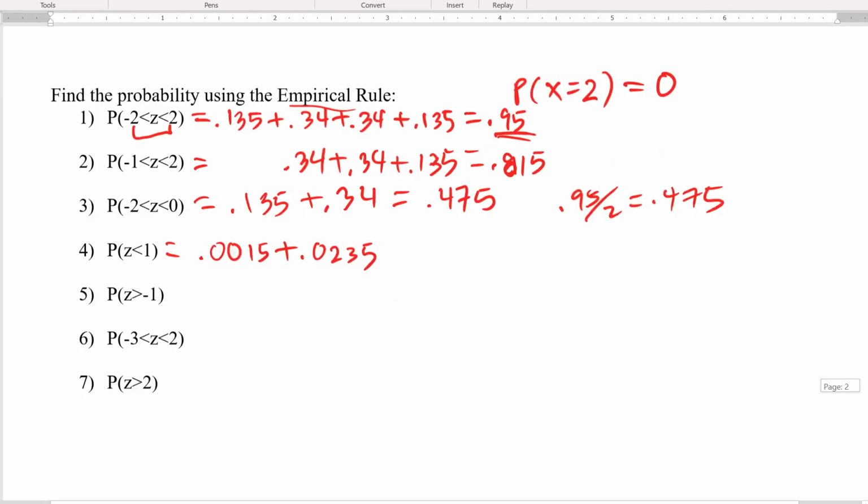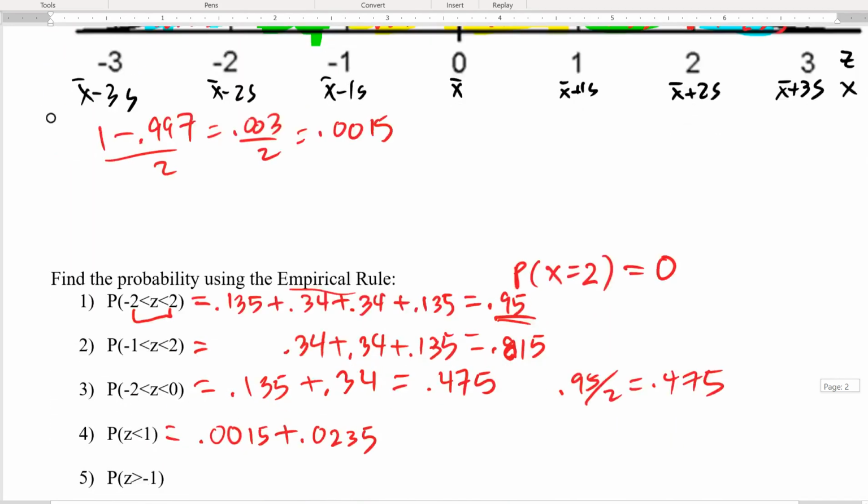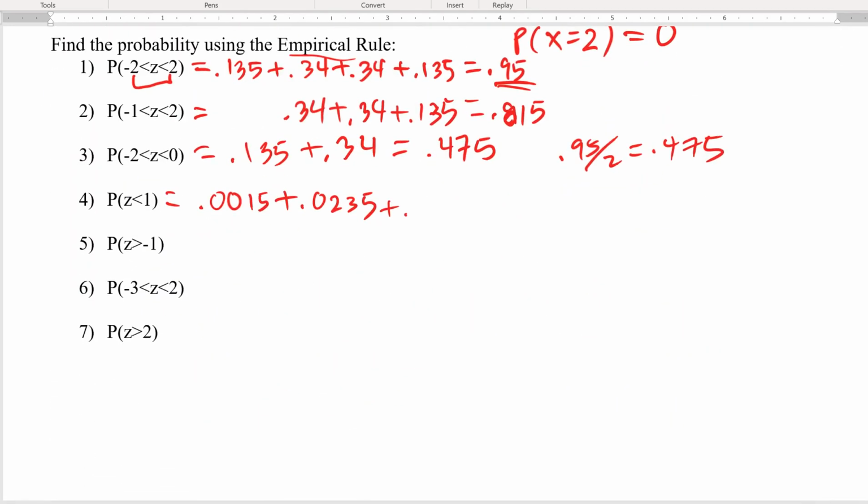Double check that. Plus 0.135 plus 0.34 plus 0.34. Okay, so I've added everything to the left of that 1.